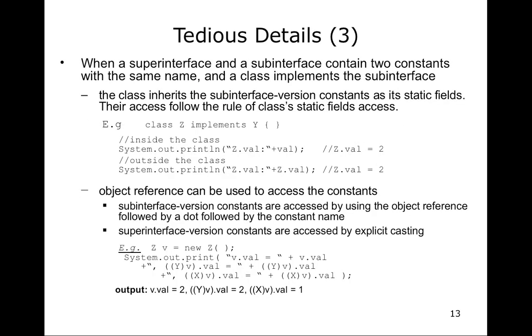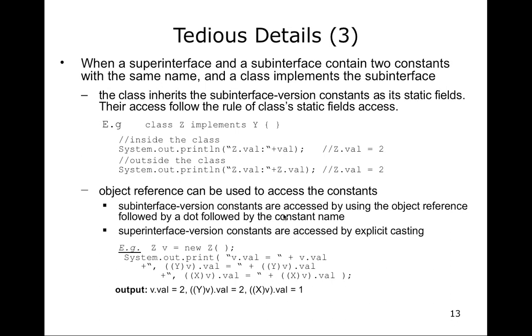So, all right, tedious detail number 3, and I don't think I have too many more of these left. When a super interface and a subinterface contain two constants with the same name and the class implements the same interface, we've got the situation in which the class inherits the subinterface version constants as its static fields. So their access follows the rule of the class's static field access.